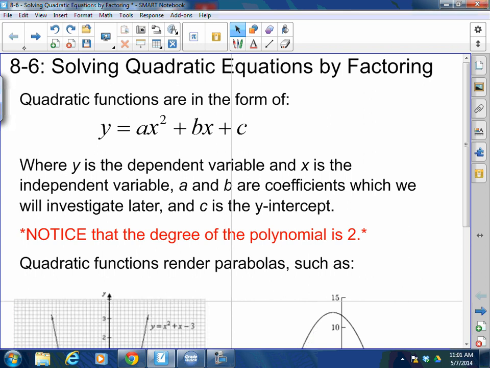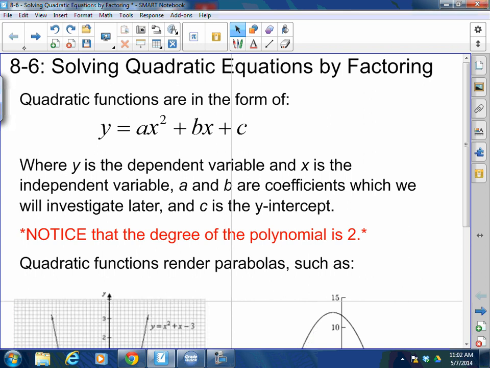The a, as you know, if it's greater than 1, it determines that the graph is going up. If it's less than 1, it determines the graph is going down. If the absolute value of a is greater than 1, it's a vertical stretch. If the absolute value of a is greater than 0 but less than 1, it's a vertical compression. We know that c is the y-intercept.